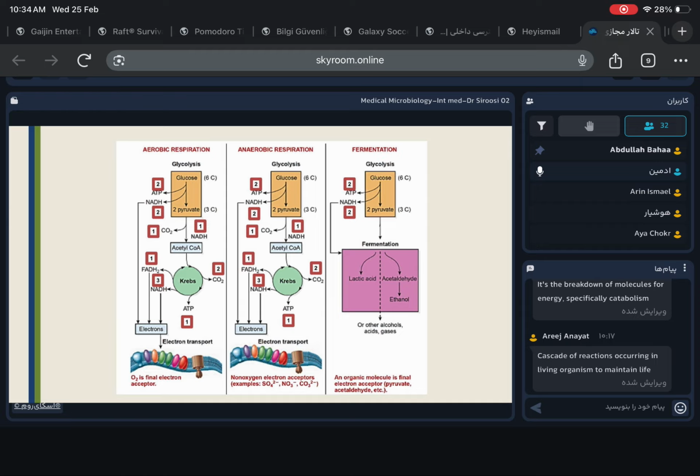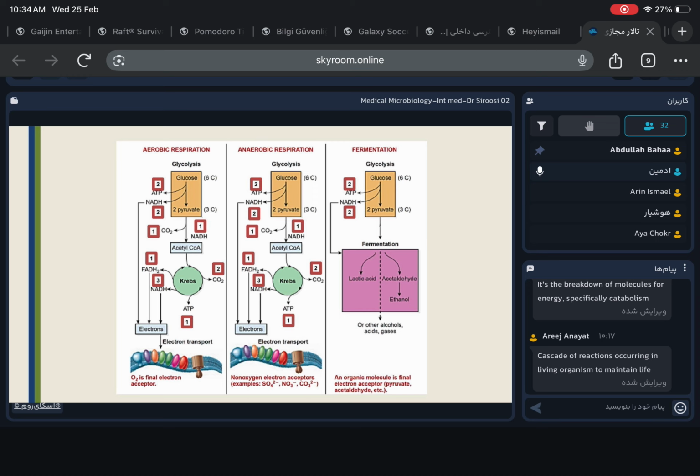So to solve this problem, instead of donating the electrons to the electron transport chain, NADH molecules donate their electrons to organic molecules inside the cytoplasm of the cell, only to regenerate NAD+.